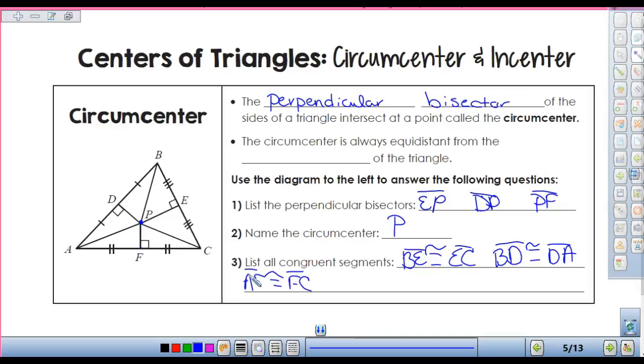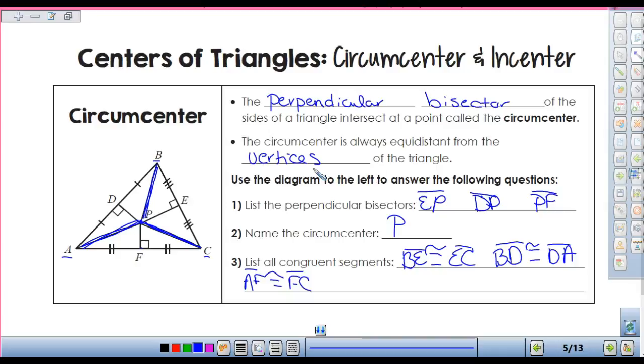Now, the circumcenter, what also happens is from the circumcenter to each vertex. So remember my vertices of the triangle are A, B, and C, right? So from my circumcenter to my vertex is always going to be equidistant. So the circumcenter is always equidistant from the vertices of the triangle.